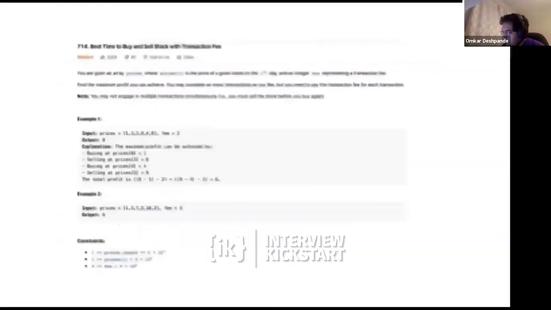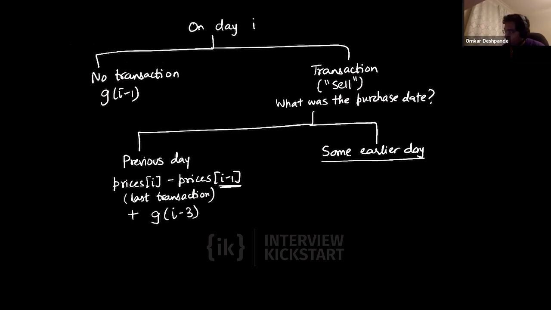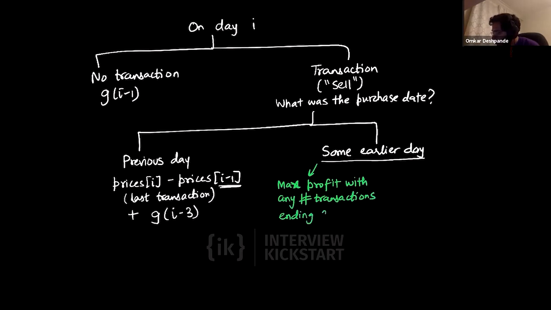So if I want to use my subordinate solution, what's the maximum profit with any number of transactions ending at index or day I minus 1 with a sell?